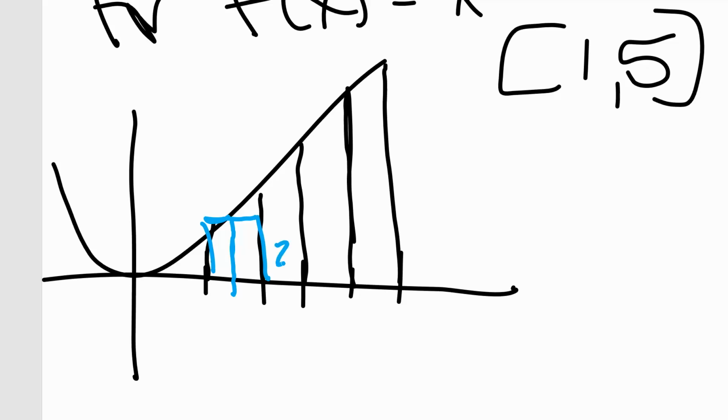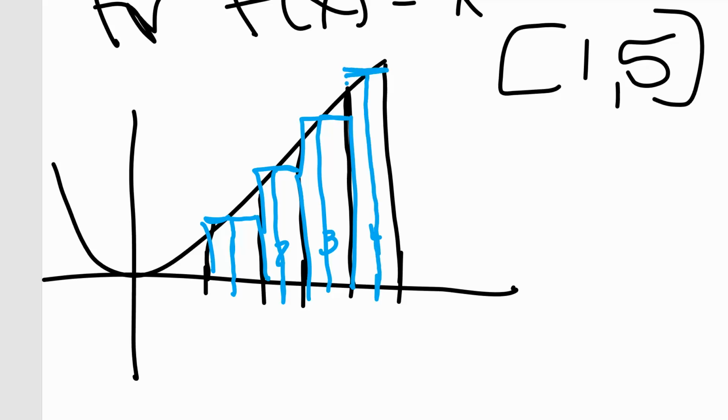For rectangle 2, I'm going to take my x value that's in the middle, go to where it hits the top of my function, draw a horizontal line for the top of my rectangle, top it off. For rectangle 3, take the x value in the middle of my base, go up to where it hits my function, and top it off. And then rectangle 4, take the x value in the middle of my base, go up to where it hits my function, and top it off. There are my 4 rectangles.